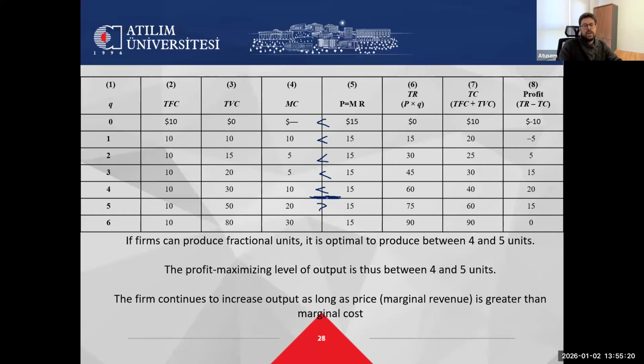So the range between 4 and 5 is the optimal choice to get profit maximizing. Because if we find marginal revenue equal to marginal cost, that is the perfect answer, but we cannot find that equality. So the range between 4 and 5 gives the best profit level. So over here.